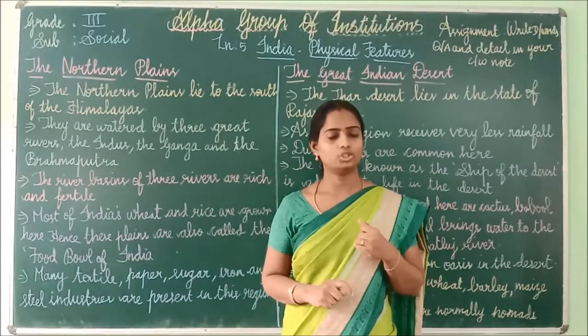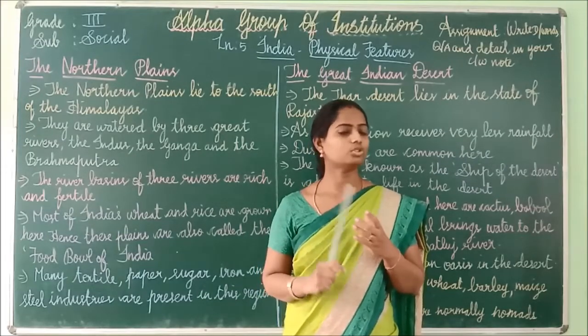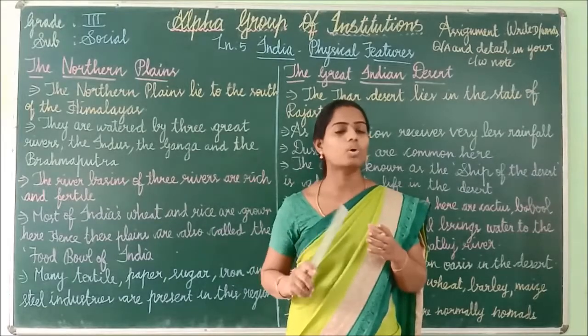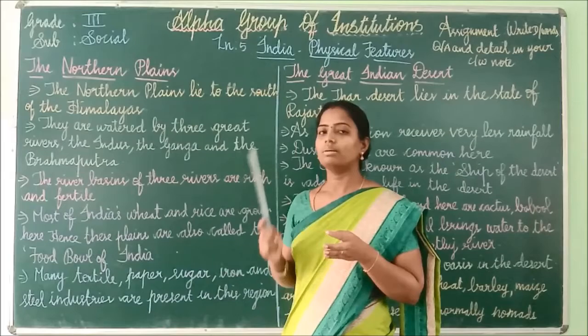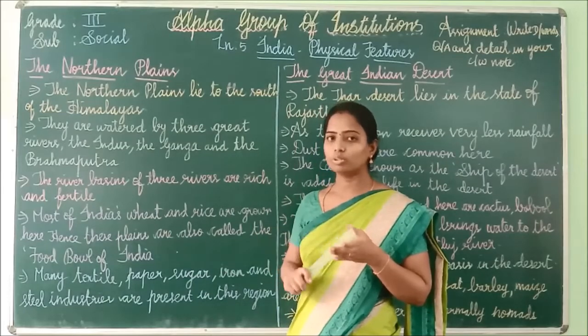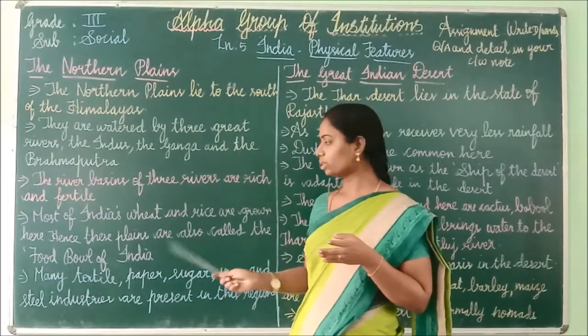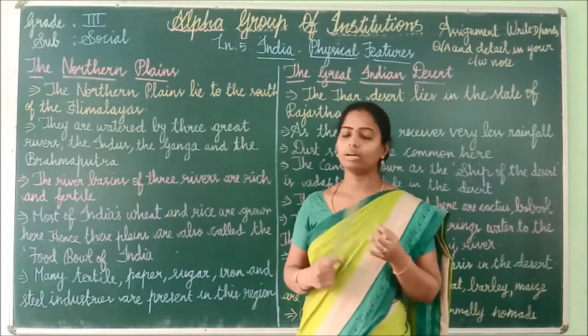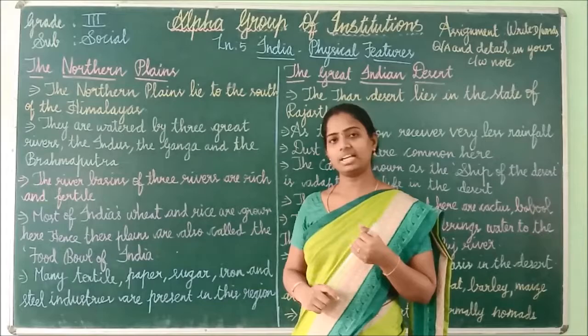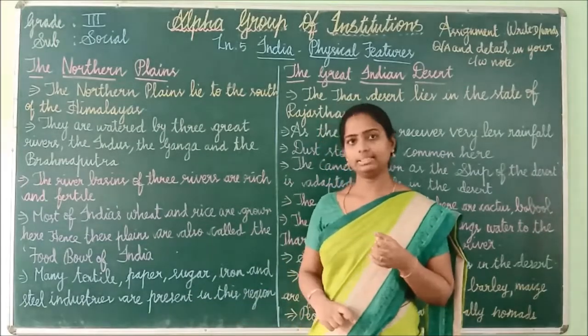So these are said to be the food bowl of India, because wheat and rice are mostly grown here. And many textile, sugar, paper, iron and steel industries are present in this region.